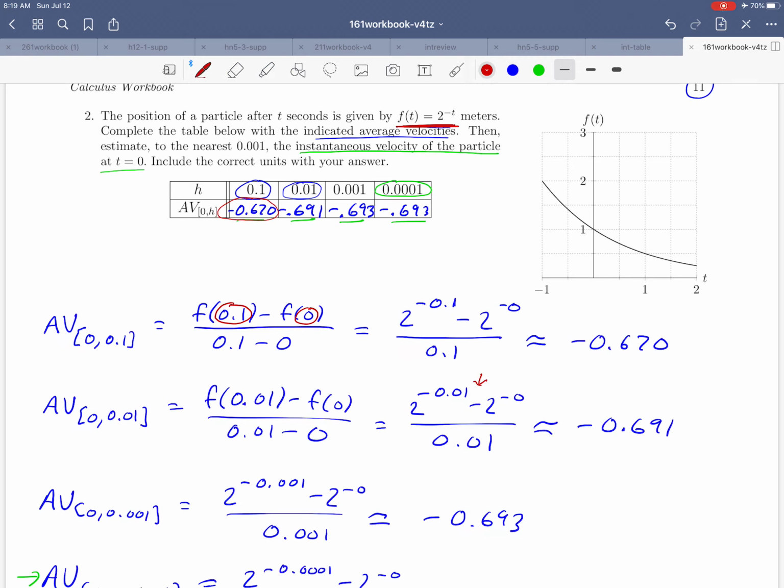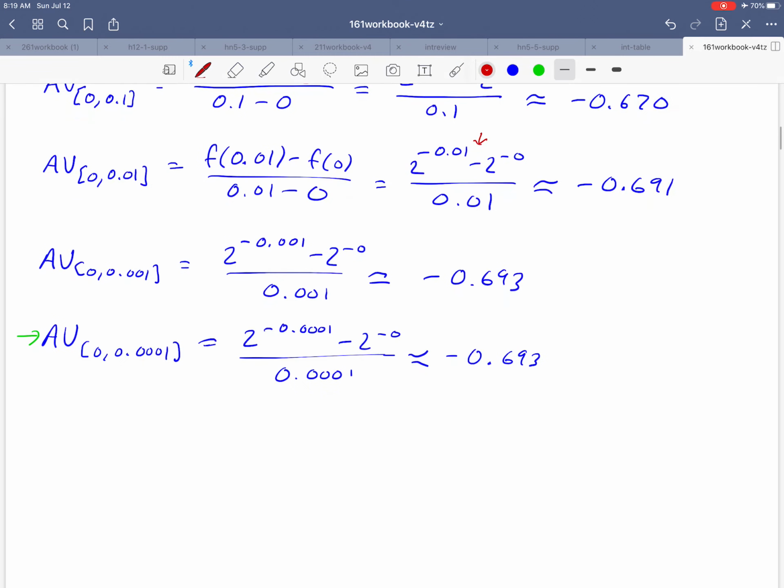So we got minus 0.670 for our first average velocity, then minus 0.691, and so on. And notice that these two numbers repeated. And so what that probably means is if we kept going with smaller values of h and rounded our answers off, we would probably keep getting minus 0.693 over and over again. And that tells us that that number should be a pretty good estimate of our instantaneous velocity.